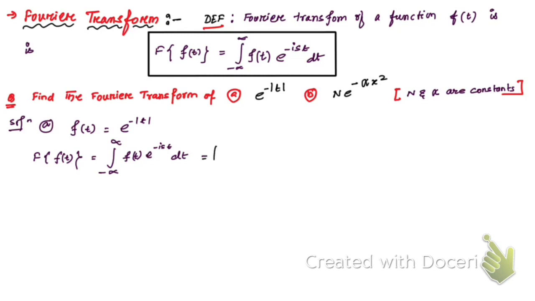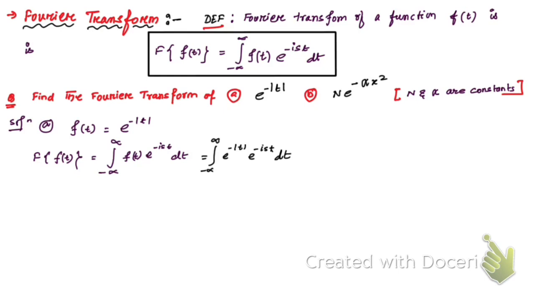So we're going to put that here: integration from minus infinity to plus infinity of e to the power minus mod t, then e to the power minus i s t dt. That's what we have got.